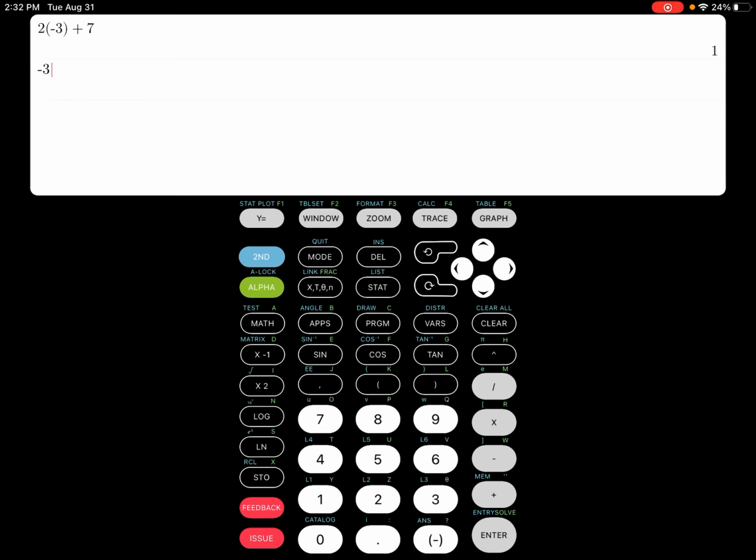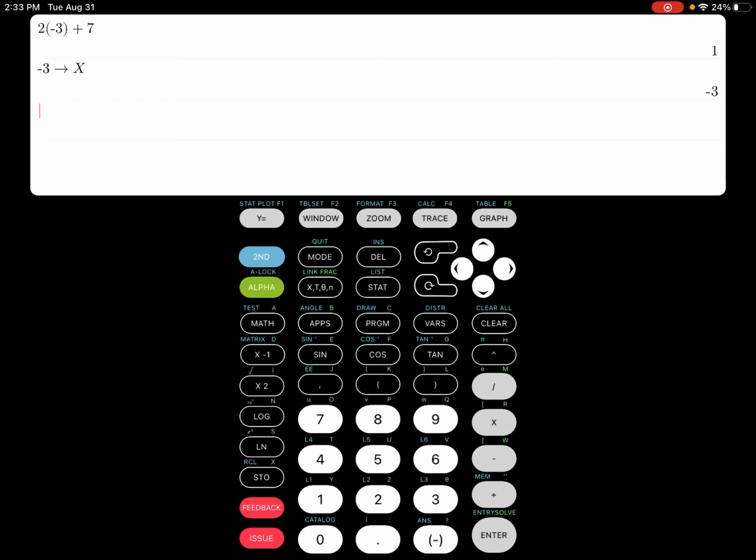-3. Now if you're using Calculate 84, it just says STO, and it puts an arrow there. So it was at the bottom, kind of on the left side. And then the X button, and hit enter. And what happened is it just gave us -3.